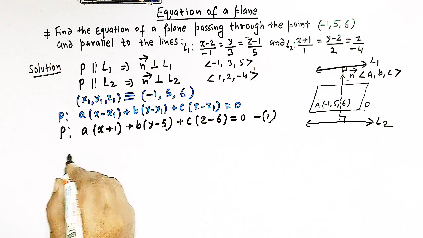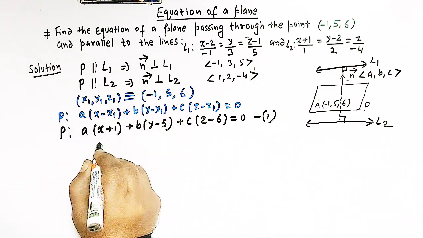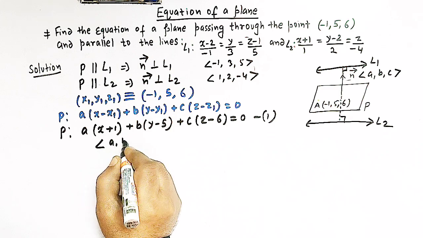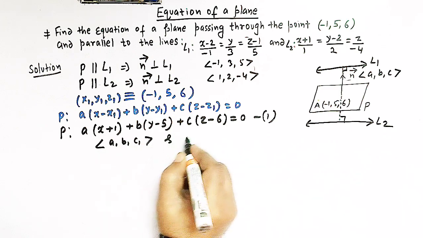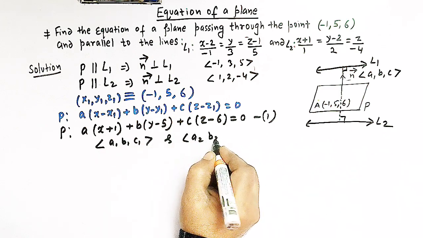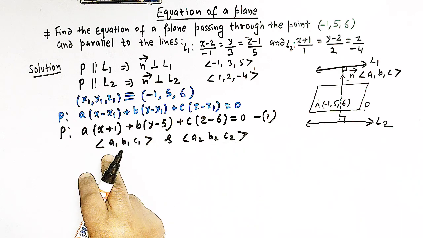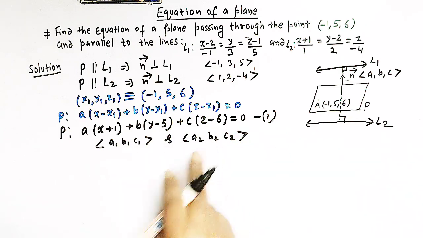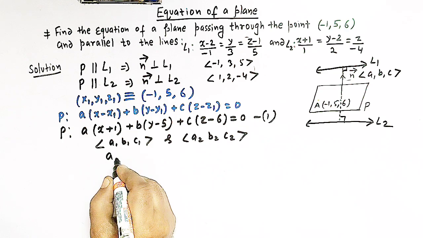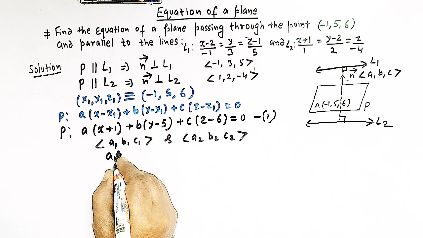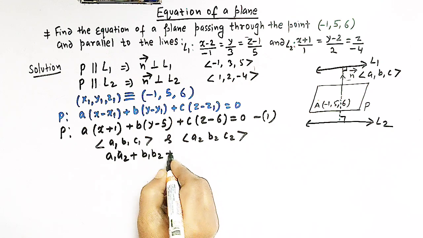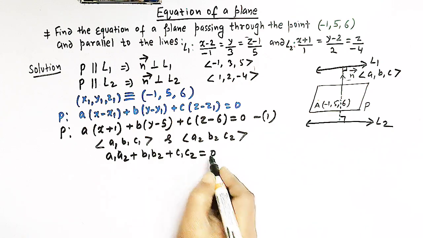Now we know that if two vectors or two lines have direction ratios a1, b1, c1 and a2, b2, c2, and they are perpendicular, then we have the condition a1 a2 plus b1 b2 plus c1 c2 is equal to 0.